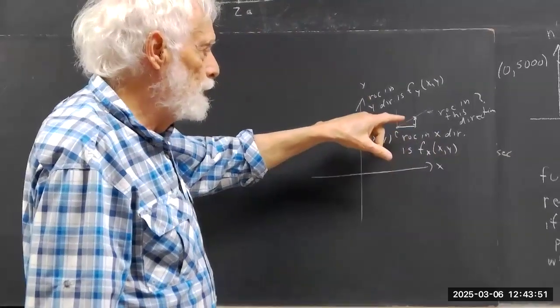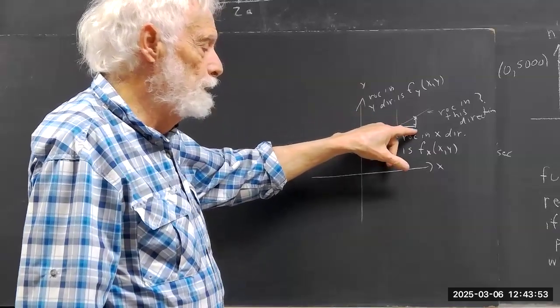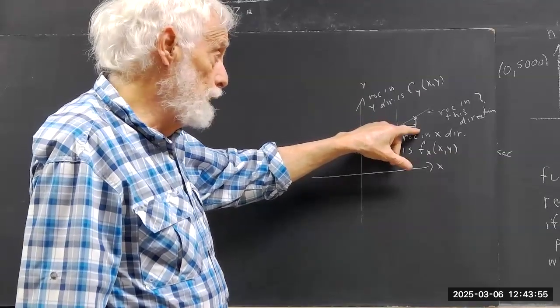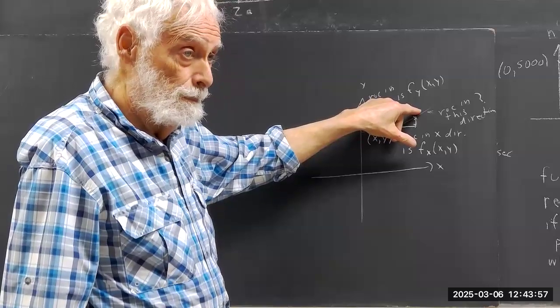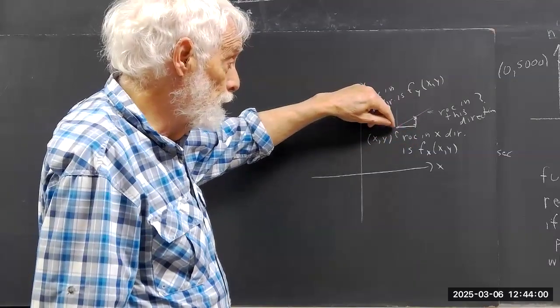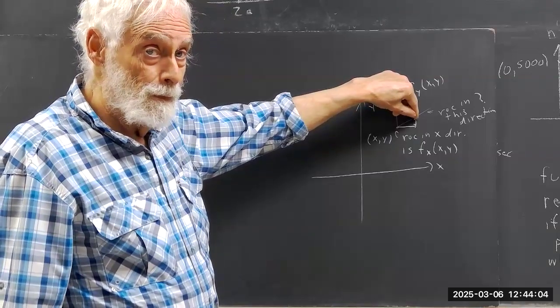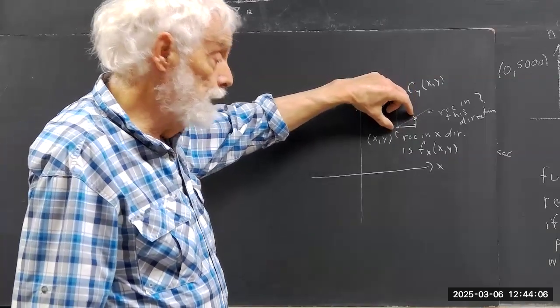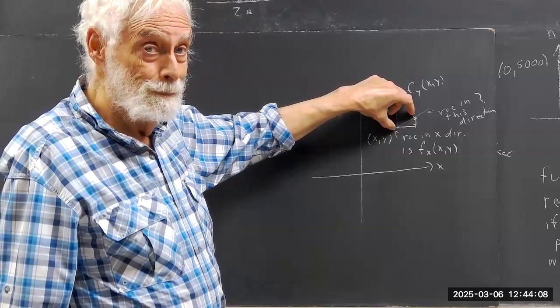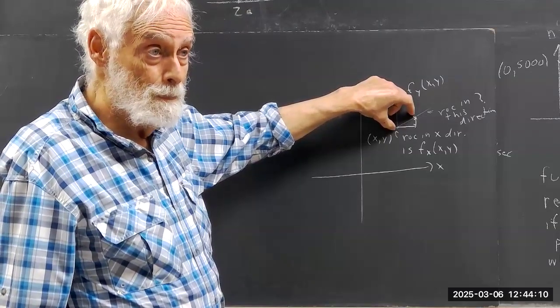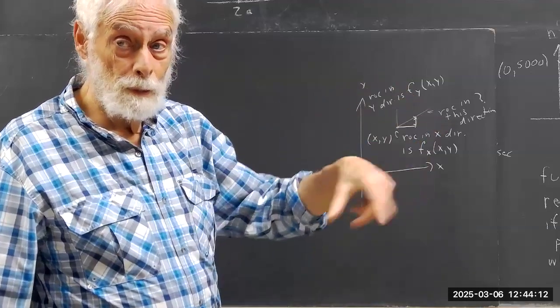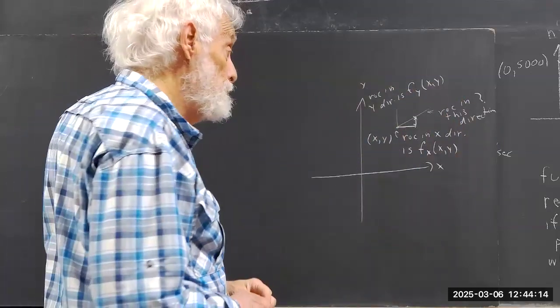If I know how much the function changes for this movement and how much it changes for this movement, then I know how much it changes from here to here. And I can divide that change by this distance to get the rate of change. Does that make sense? That's what we mean by the rate of change.